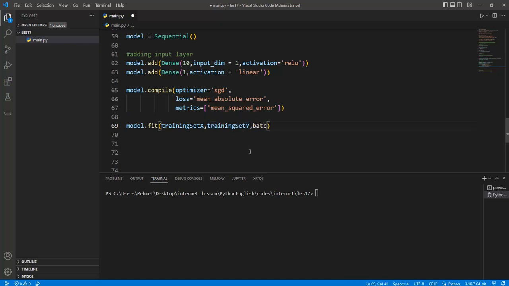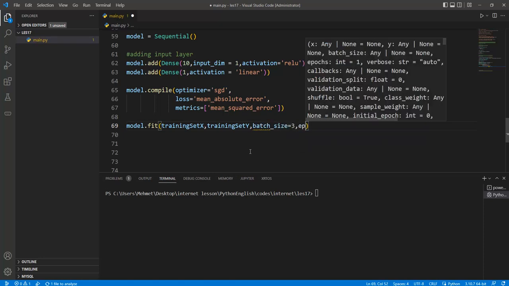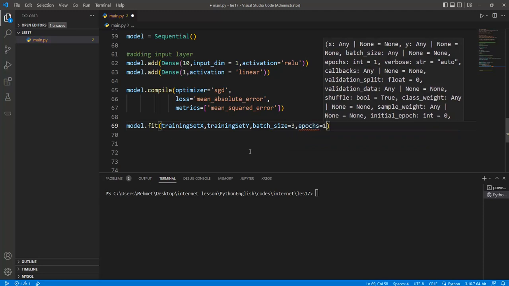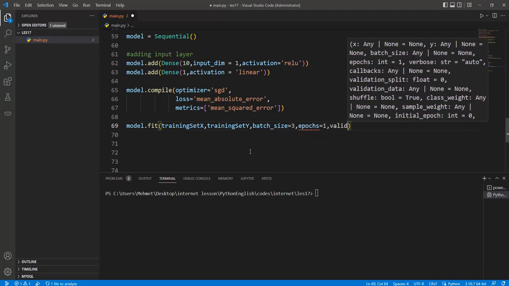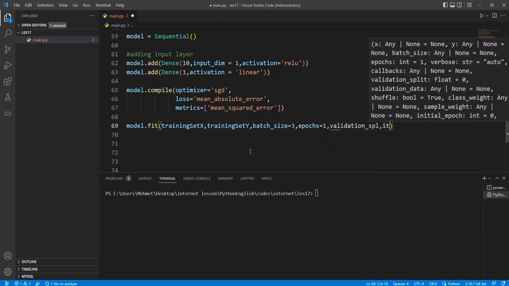And so we may also utilize the batch size here, 3, and the epochs equal to 1, and validation split equal to 0.2. What does it mean?